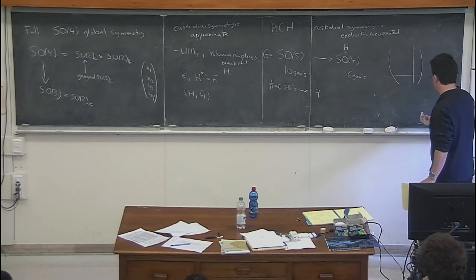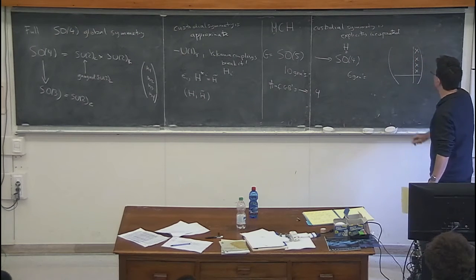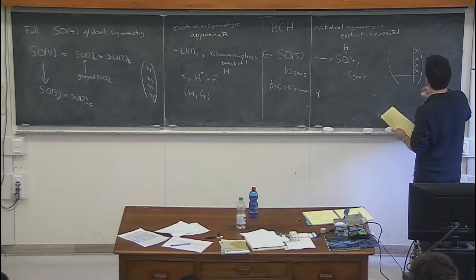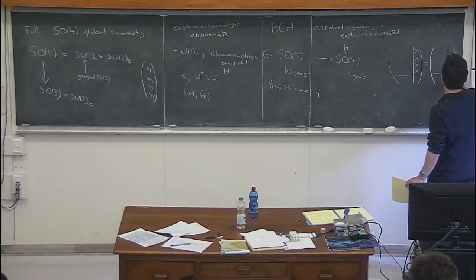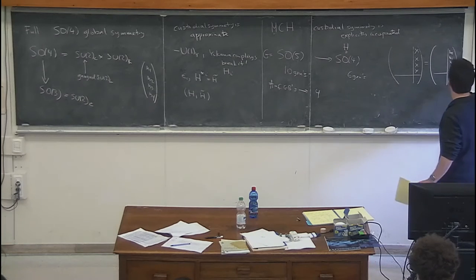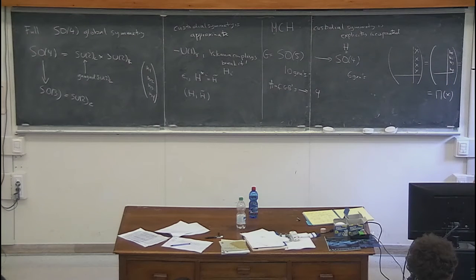So the broken generators are going to be here, yes, and they will form exactly a 4 of SO4. So you can write this as your pion matrix H1, H2, H3, H4, at least in the SO4 language. Yes, these are going to be all real, and it's an antisymmetric matrix. Yes, and that is going to be your pion matrix.